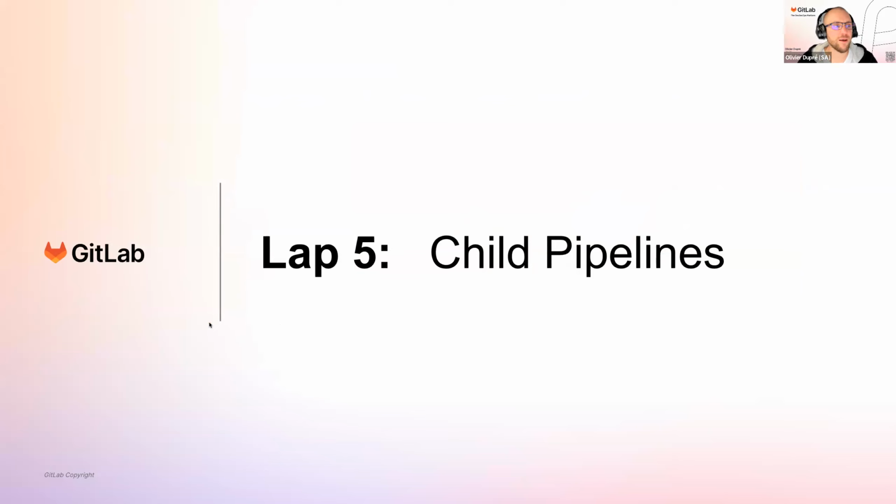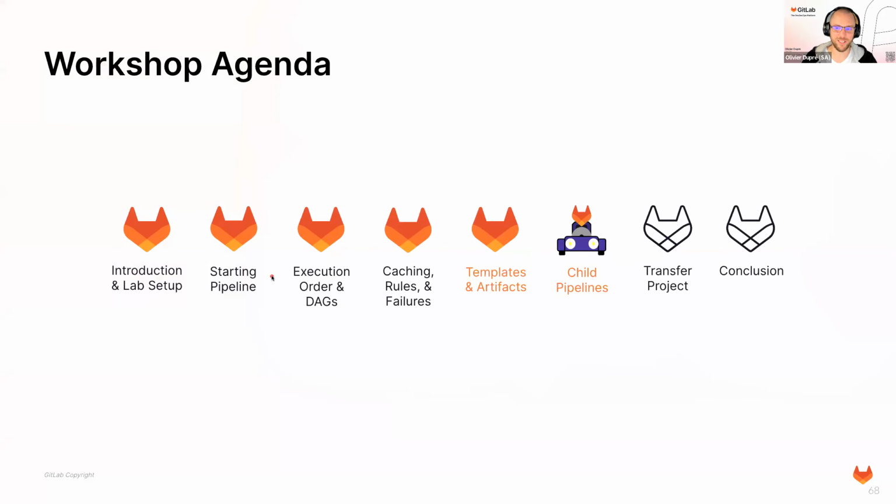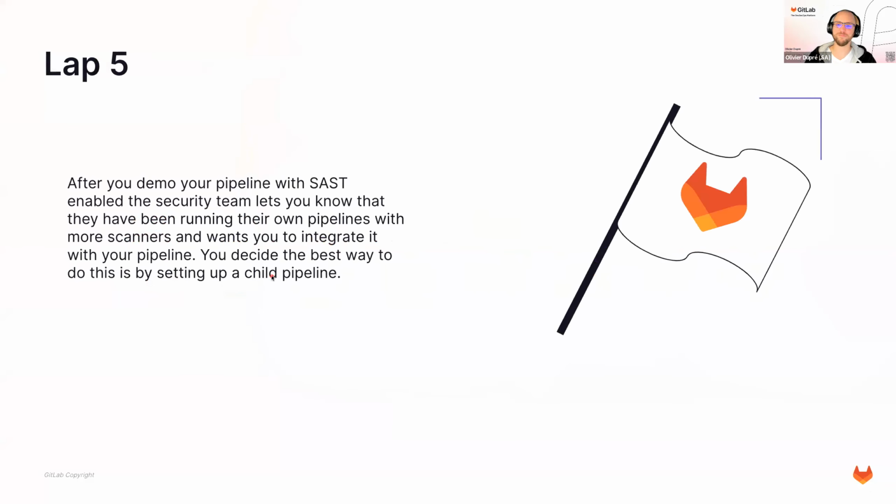So from there, we are going to see the child pipelines, or I should say the downstream pipelines, actually. Let's see together why I'm using the term downstream rather than child. So far, we have demonstrated the capacity of GitLab to include security scans, and so the execs are amazed at what we have done so far.